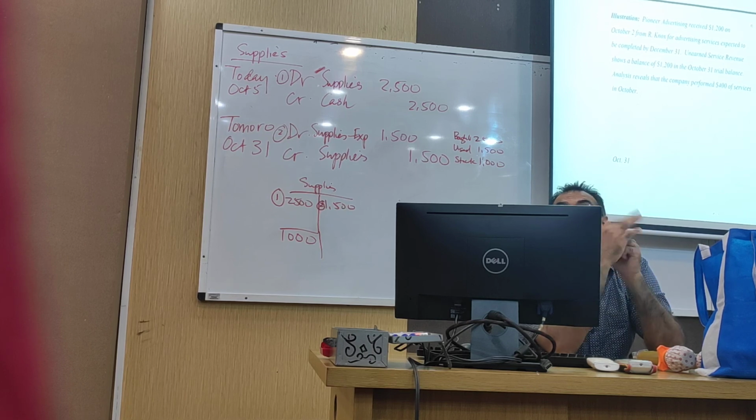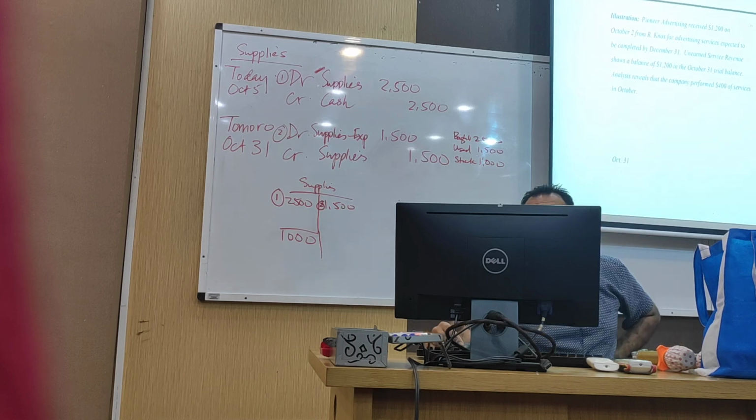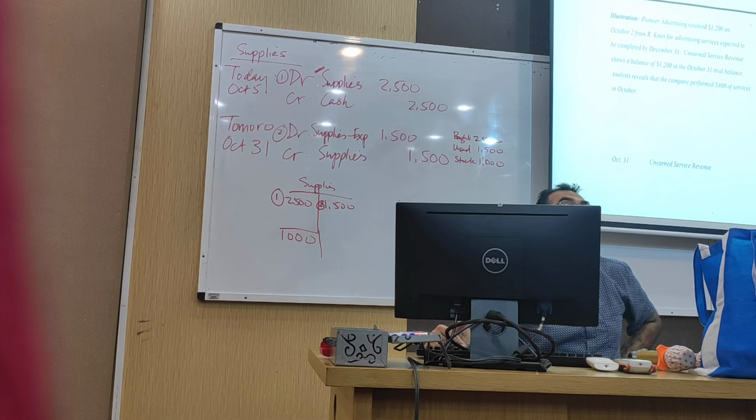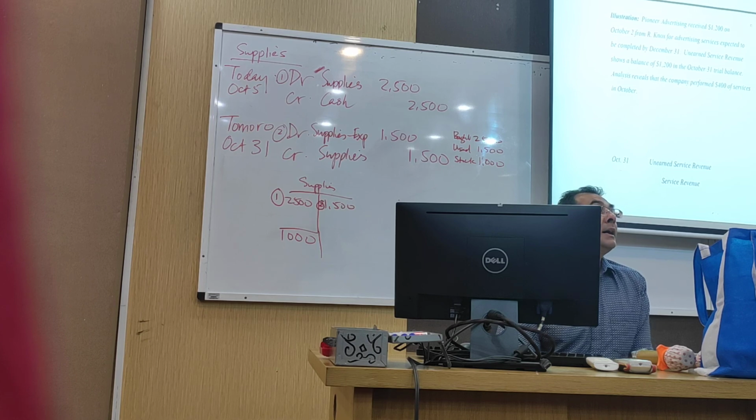Tomorrow when I have done some work, which is 400, I will debit unearned revenue and credit my revenue account. So it has now become earned. I've now earned 400 from the 1,200. Is this clear or not clear?